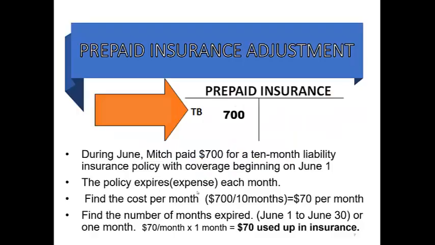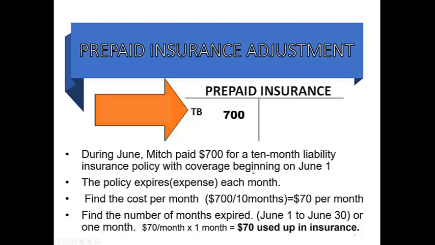Our next adjusting entry is for prepaid insurance. Remember, we were taught that when we purchased prepaid insurance, we would debit the asset account prepaid insurance because insurance is always paid in advance, and then credit cash. So during June, Mitch paid $700 for a 10-month liability insurance policy.